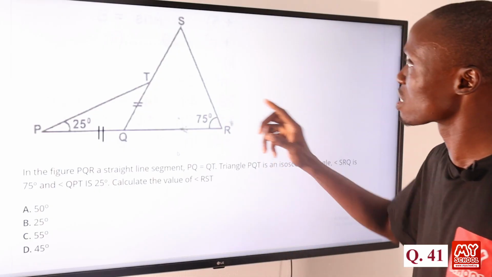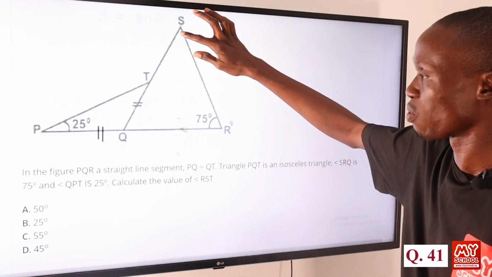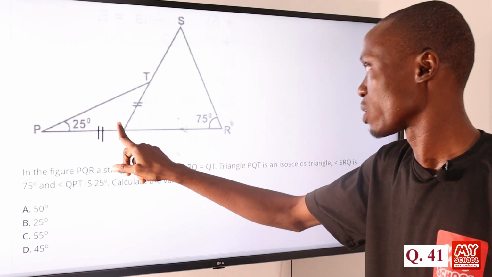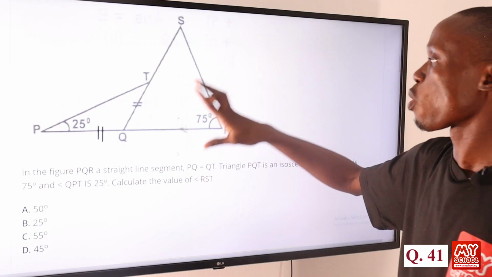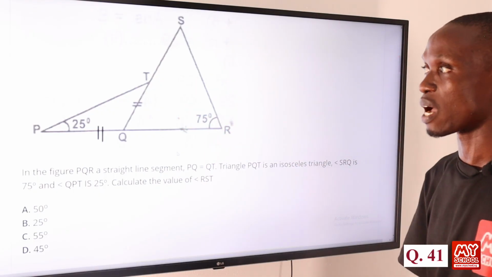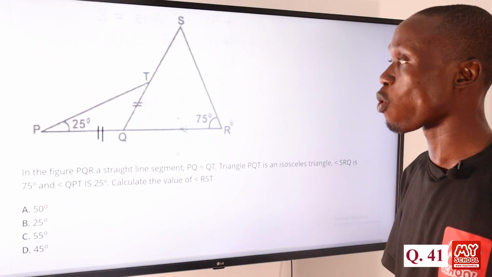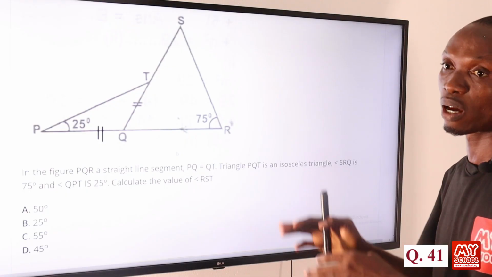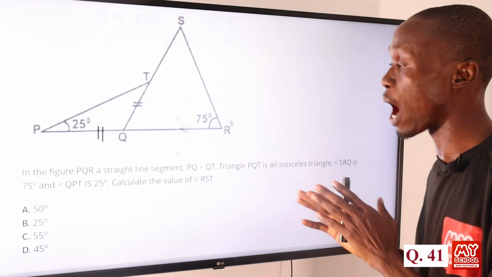But in this question, basically we are looking for this angle, right? Now remember that the angle Q here is exterior to angles R and S, which are interior. And remember that the exterior angle of a triangle is equal to the sum of the two opposite interior angles.